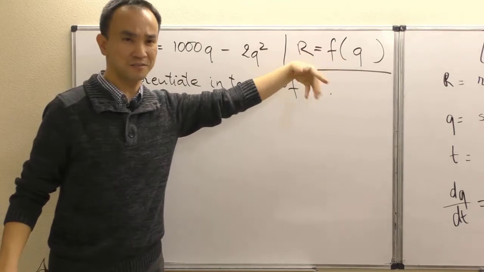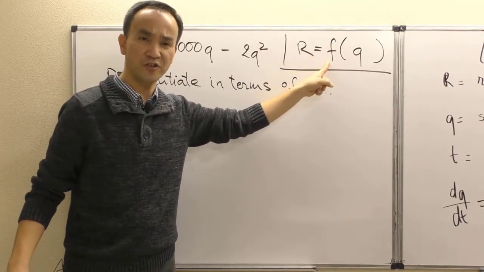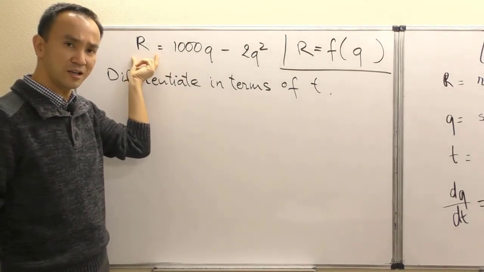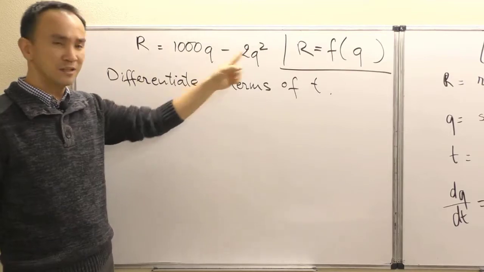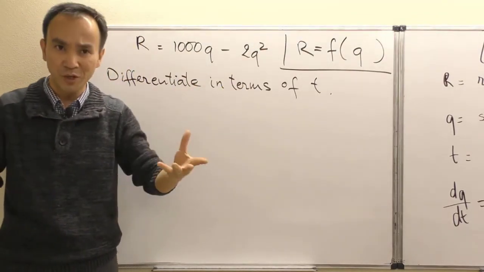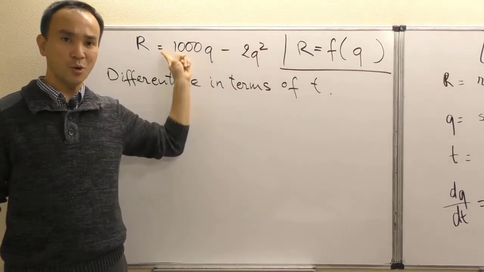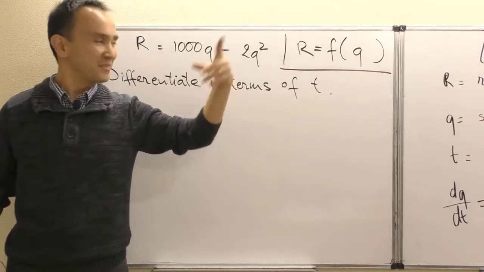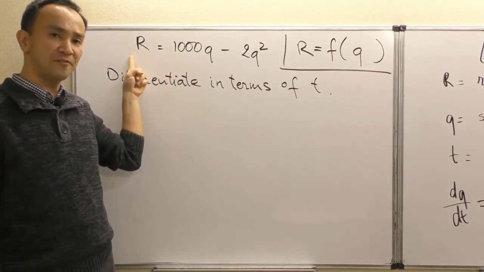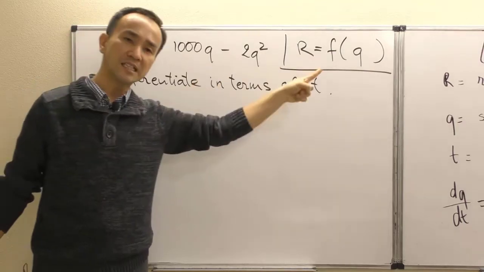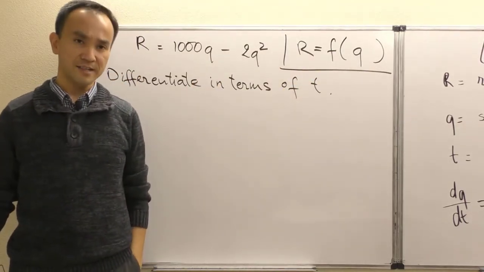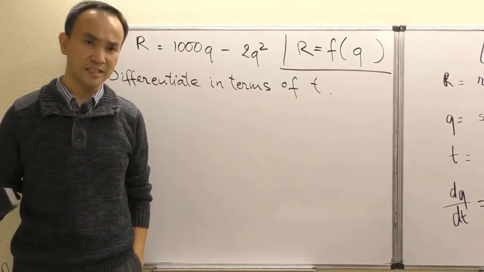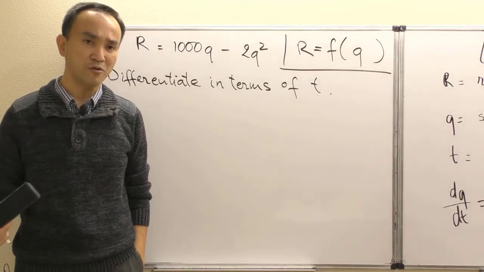F here is just my comfortable notation indicating it's a function of Q. R here is clearly one single variable, coefficient 1, R equals all terms on the opposite side in terms of Q. That's how I see that this equation expresses my variable R as a function of Q. More generally, this equation already expresses one variable as a function of the other variable. And now, to make the rest of the work easier, allow me to approach in one direction right here.